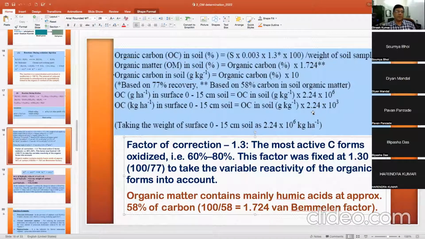So this is how you can do calculations. Now we will try some numericals, some problems related to it. And then you can ask anything in your mind. I'm there to make clarifications and clear your doubts.